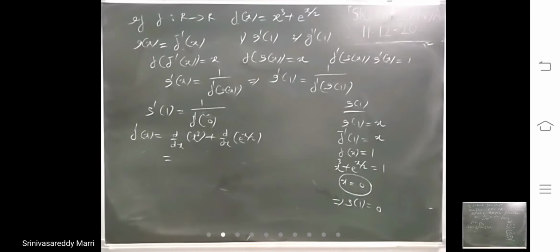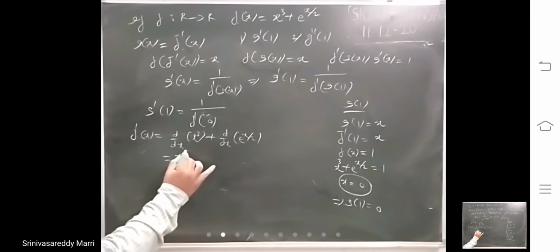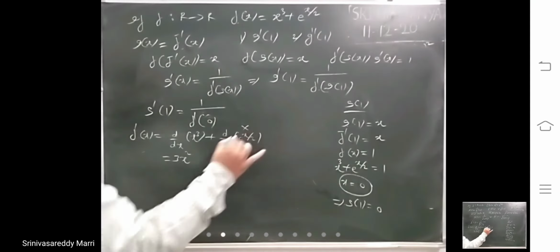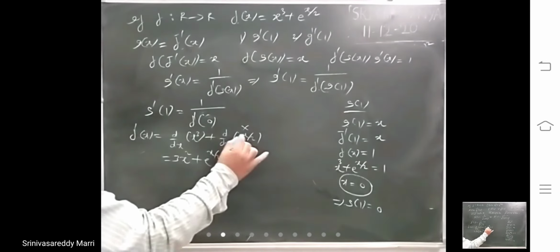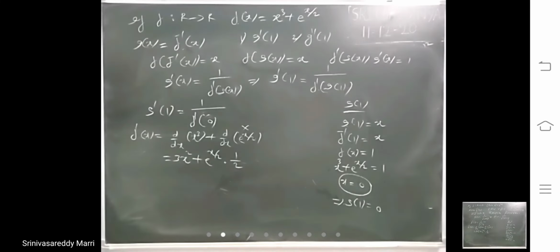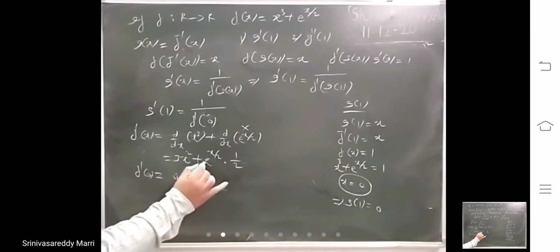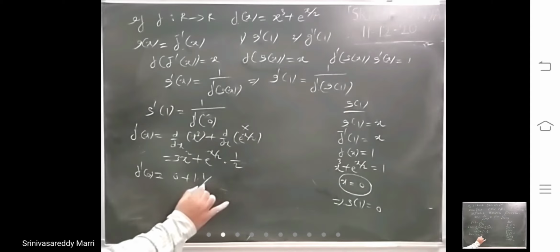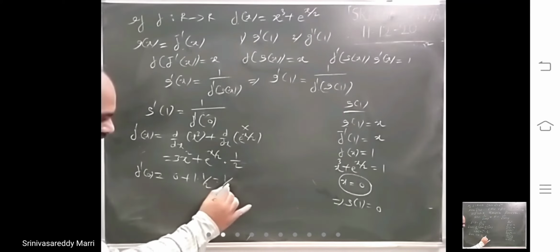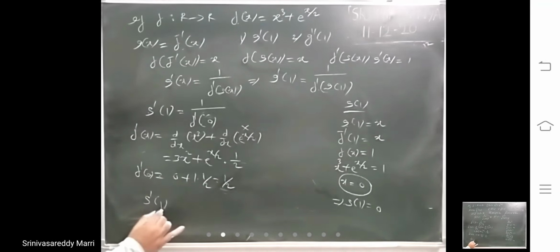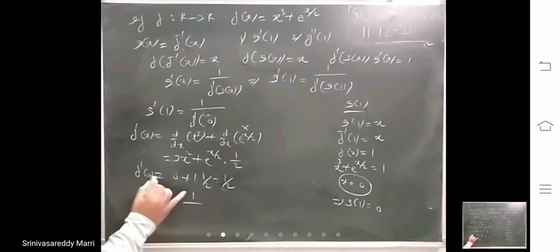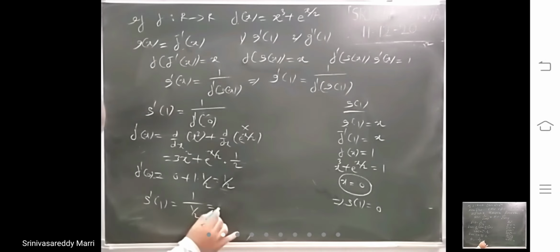That means 3x square plus the derivative of e power x by 2, which is e power x by 2 into d by dx of x by 2, that is 1 by 2. F dash 0 is nothing but 0 plus e power 0 into 1 by 2. That means 1 by 2. Now g dash 1 is 1 by f dash 0, which is 2.